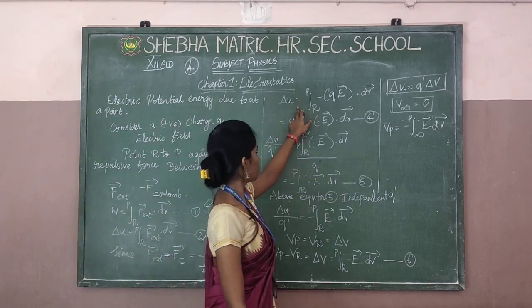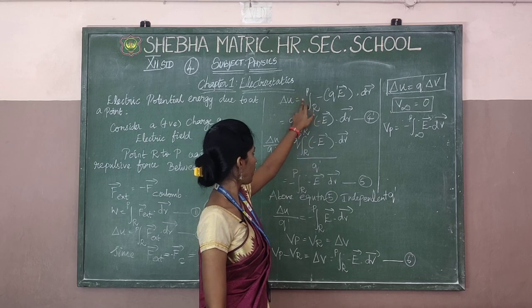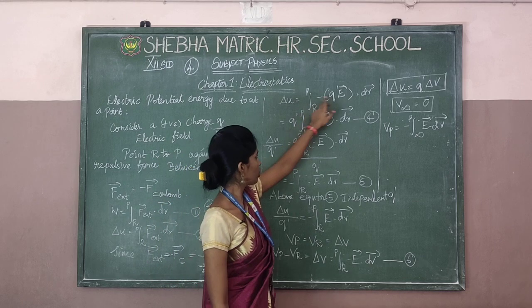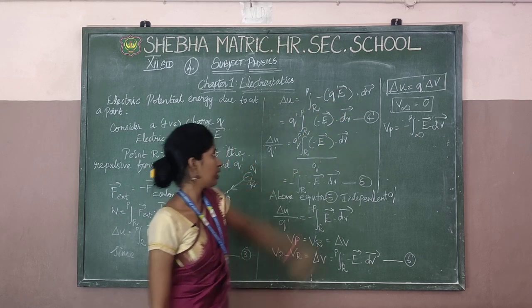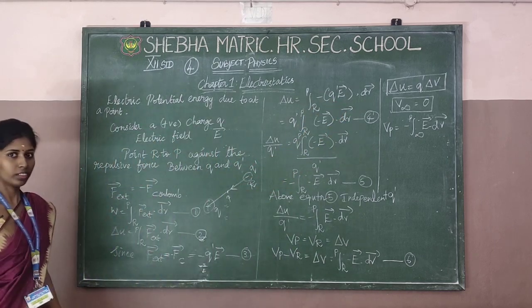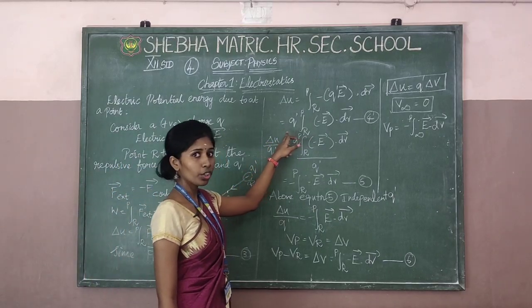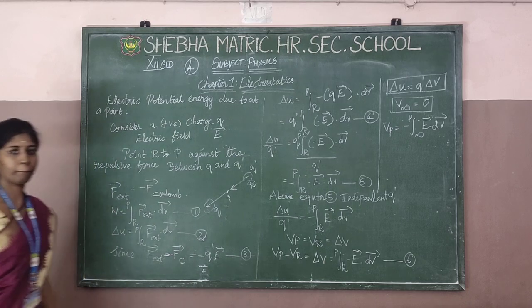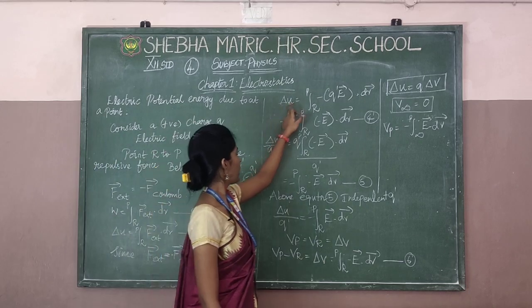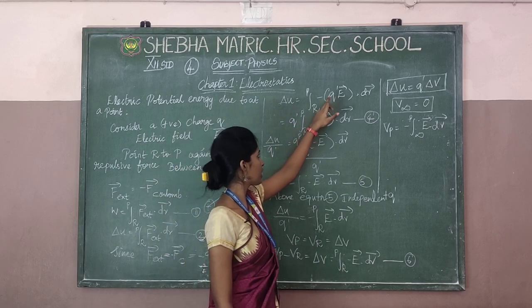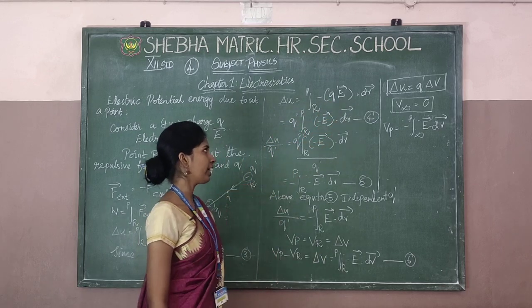So the integral of U is equal to the integral from P to R of minus Q dash E vector dot dr vector. So del U is equal to the integral from P to R of minus Q dash E vector dot dr vector.